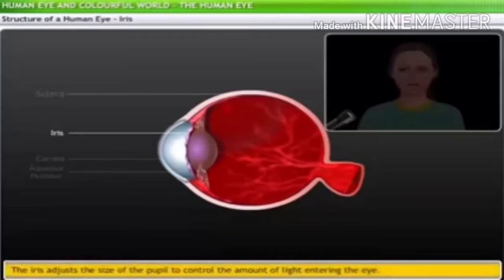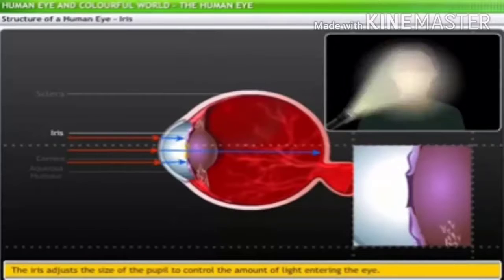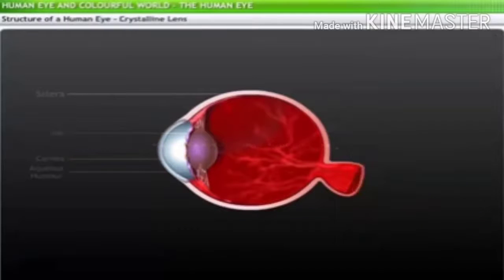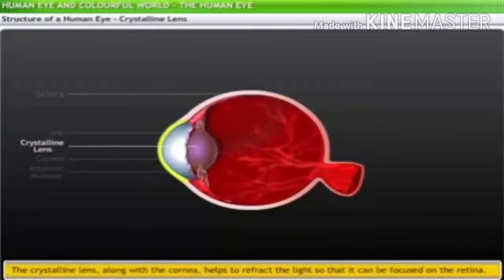The iris adjusts the size of a tiny hole called the pupil to control the amount of light entering the eye. The next part of the eye is the crystalline lens. The crystalline lens is a transparent, biconvex structure in the eye, which, along with the cornea, helps to refract light so that it can be focused on the retina.